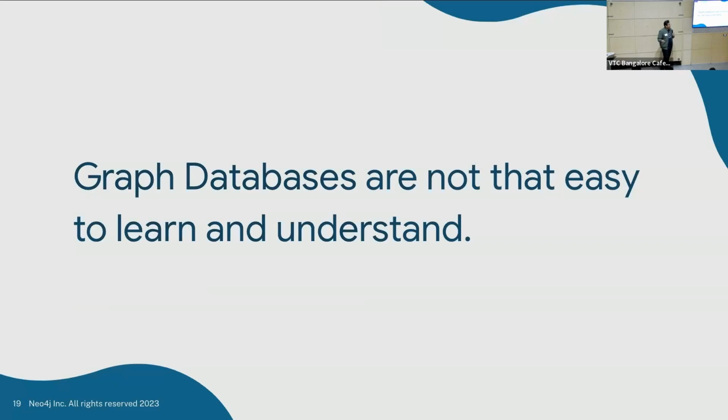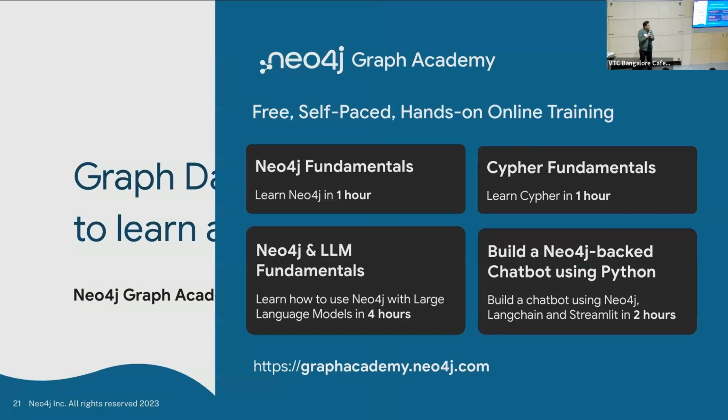Another misconception is that it's good, it's perfect, but it's not easy to learn or understand. We are building the best courses in the world around graphs, called Graph Academy. You just have to go to Graph Academy and take these self-paced courses, all the way from graph fundamentals and Neo4j fundamentals to advanced Neo4j techniques, graph modeling techniques, and also GenAI content.